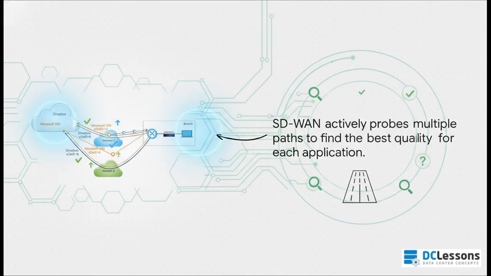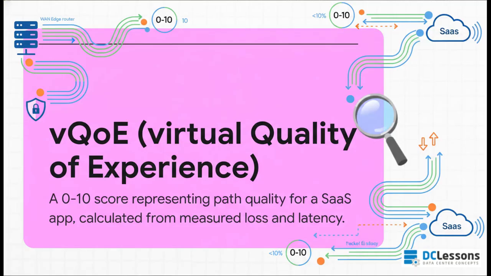Could be anything. ISP peering, local traffic jams, who knows? A dumb, traditional router would just pick one of those pipes and send everything down it. But SD-WAN is way smarter. It's constantly probing both paths for each individual application and making a custom-tailored, optimal decision on the fly.